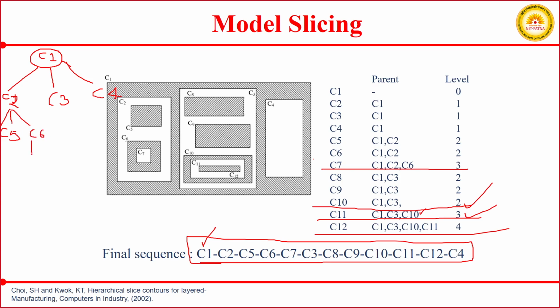And C6 is parent for C7. Then try to see C3. C3 is parent for 3 components.